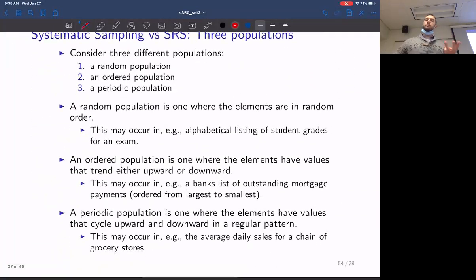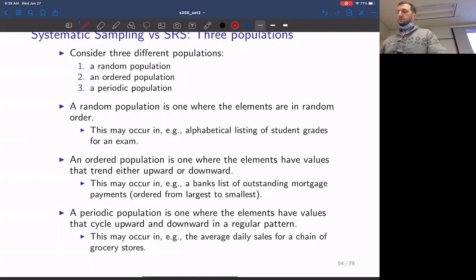So we're going to consider three different styles of populations: the random population, the ordered population, and the periodic population. These three populations each give an illustration of when we would expect SRS to be the lower bound, when we would expect the estimators to be equivalent in terms of their variance, and when we would expect the SRS to act as an upper bound.